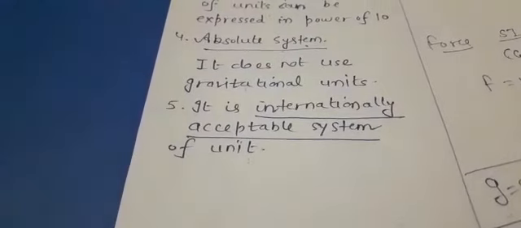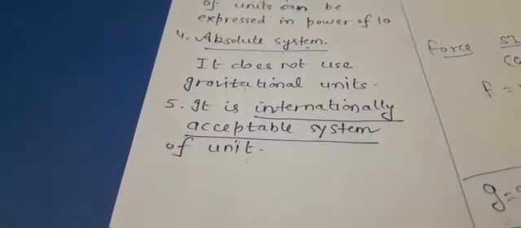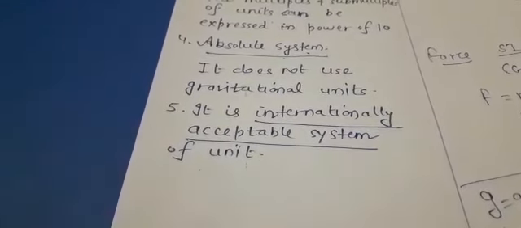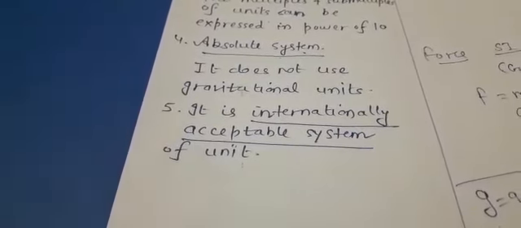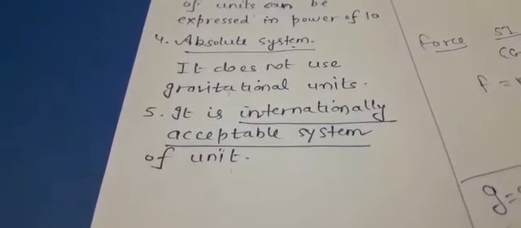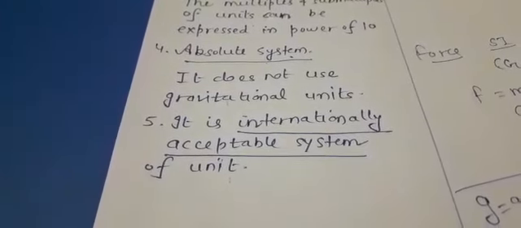That committee decides which unit is used for which physical quantity. So in advantages: coherent system, its definition you have to learn; rational system, definition and example; metric system, definition; absolute system, and international acceptance. These 5 points you have to learn, because a question can be asked as advantages, features, characteristics of SI system.